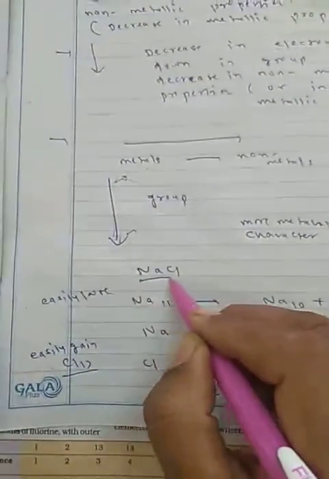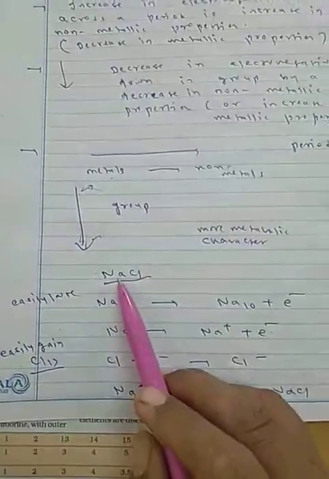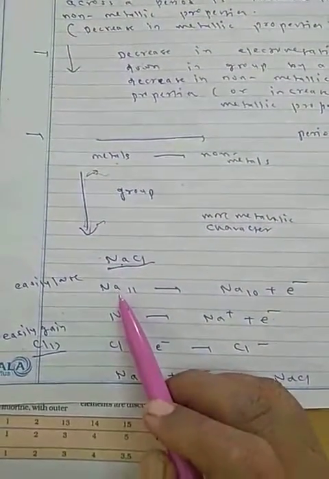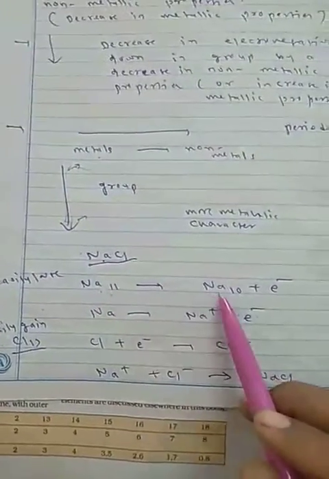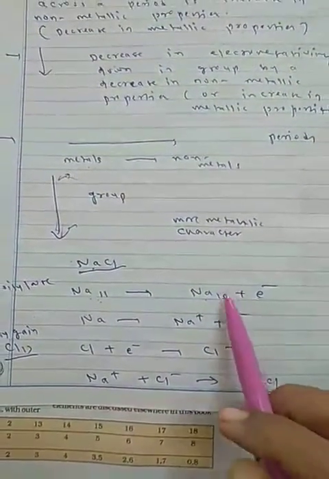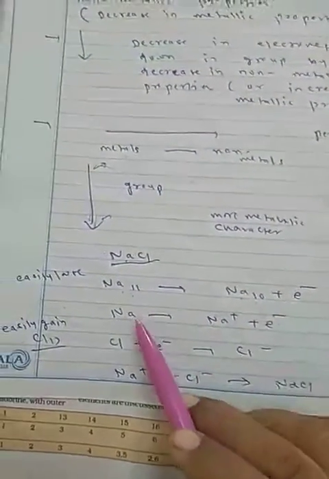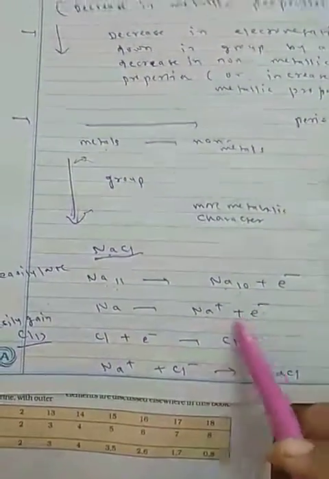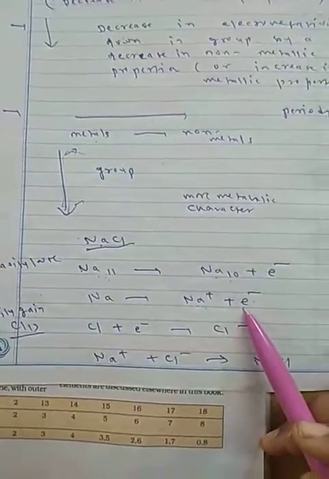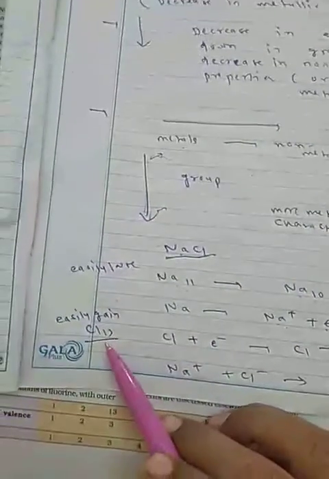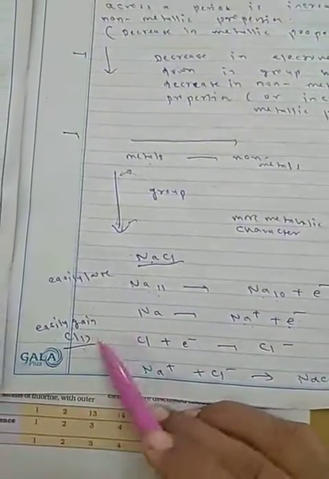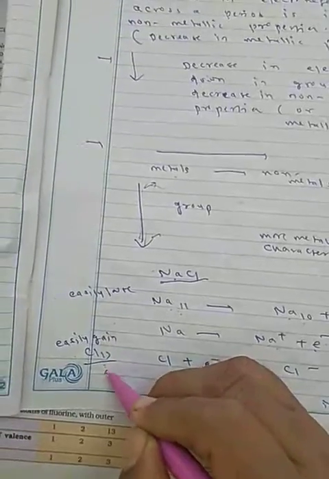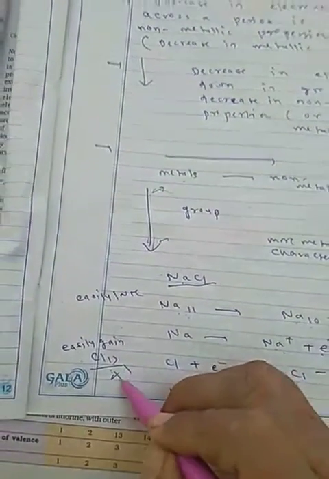I am explaining with one example, NaCl, sodium chloride. Sodium has electronic configuration of 11. In the first group it has metallic character, so it will easily lose one electron, attaining the stable configuration of 10 electrons. Chlorine 17 wants to attain the octet state by gaining one electron.